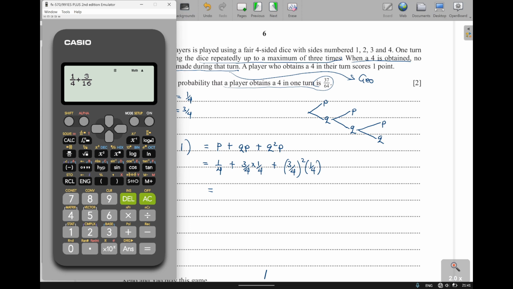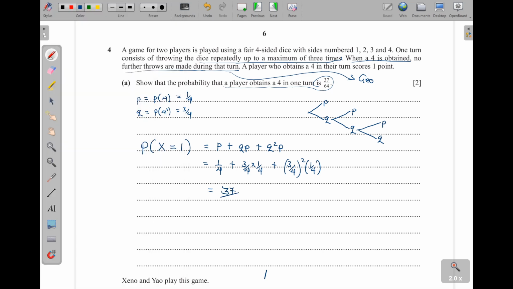Then plus, this will be 9 over 4 squared times 4, that will be 64. So this will be 37 over 64, which they wanted us to find.